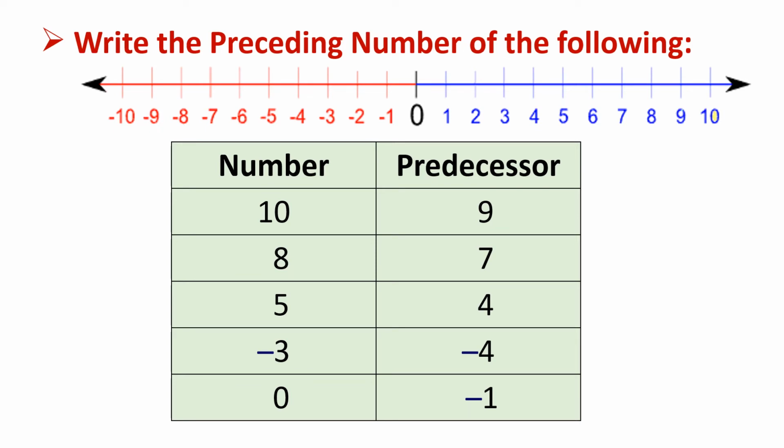Suppose the number given is 10. So predecessor is 9, 8, then 7, 5. You will get the answer 4, minus 3, minus 4, 0, minus 1.